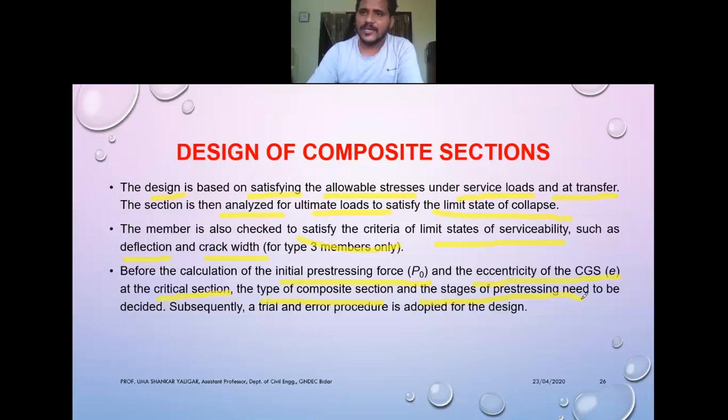First we need to decide which type of composite section we are doing and what the stages of pre-stressing are, before calculating P naught and the eccentricity e of the steel cable. Then subsequently, a trial and error procedure is adopted for the design of composite sections.